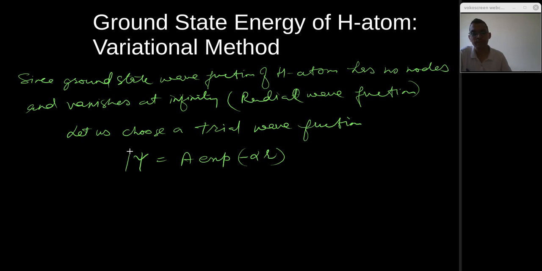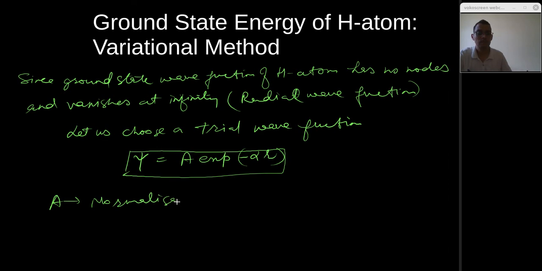This is our trial wave function which I am choosing, and here A is known as the normalization constant, and this alpha is a variational parameter.